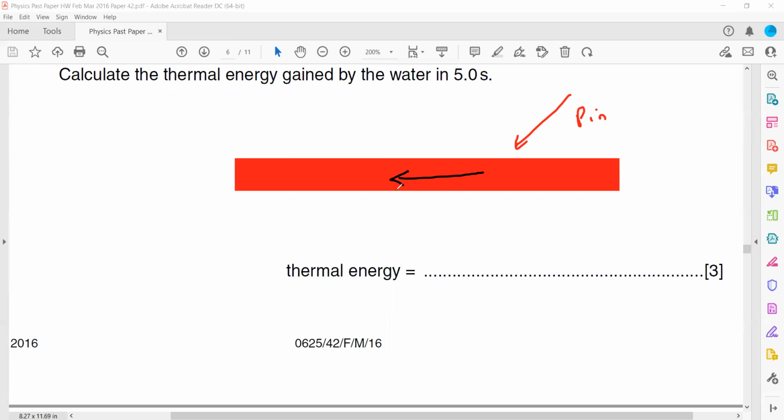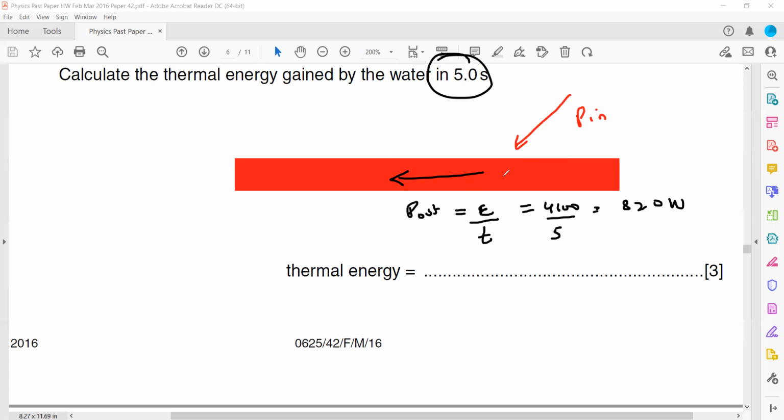By absorbing the energy. So what is the energy absorbed in every second? The power output is the energy absorbed by the water divided by time. Energy absorbed by the water is 4100, and it took 5 seconds to absorb this energy. That is how we got 820 watts.